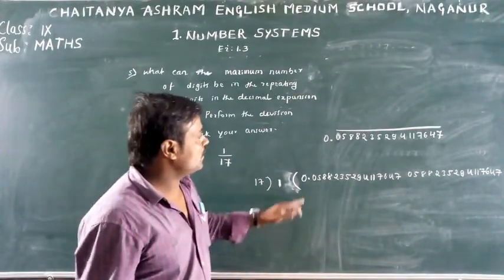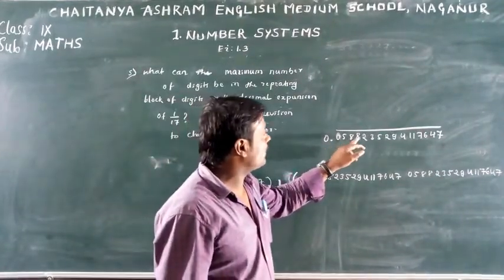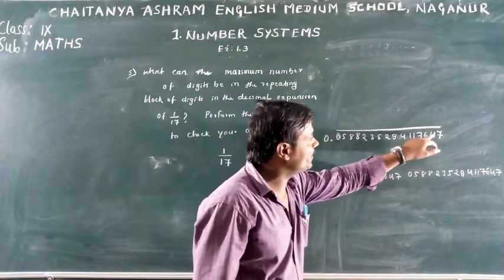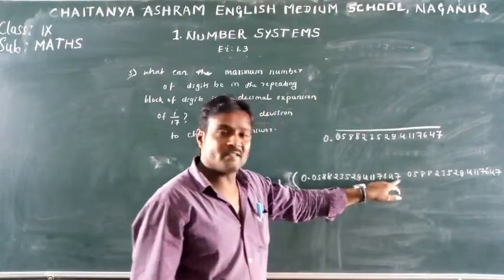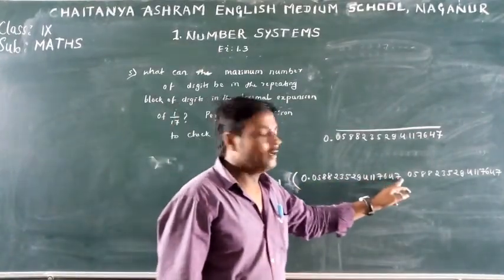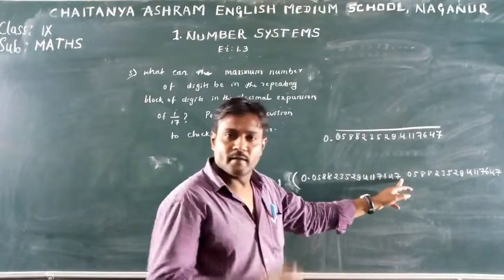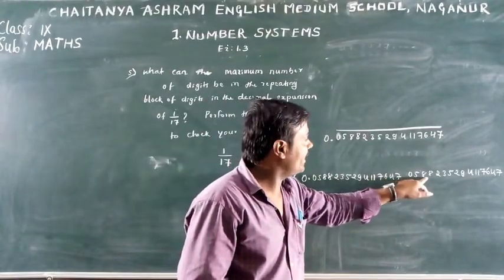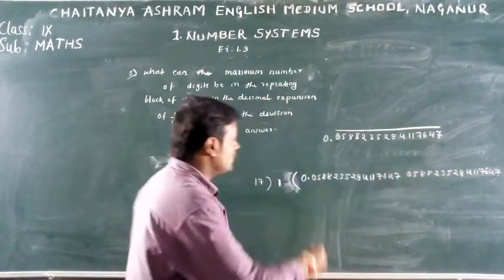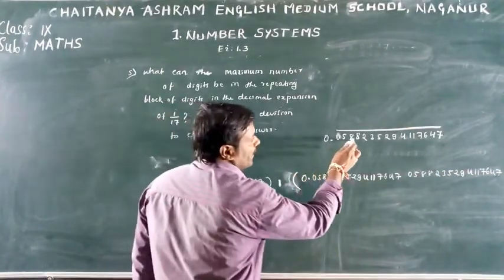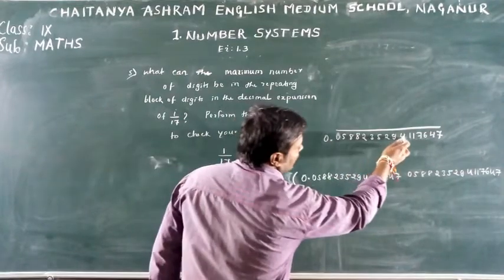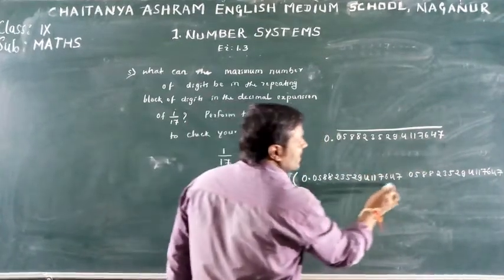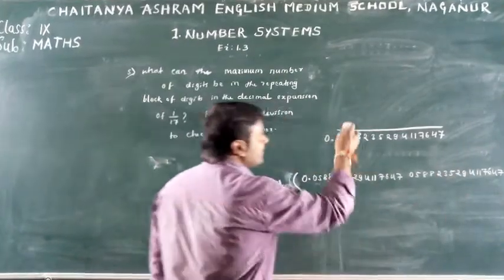After 1, 2, 3, 4, 5, 6, 7, 8, 9, 10, 11, 12, 13, 14, 15, 16 digits, these 16 digits start repeating again.